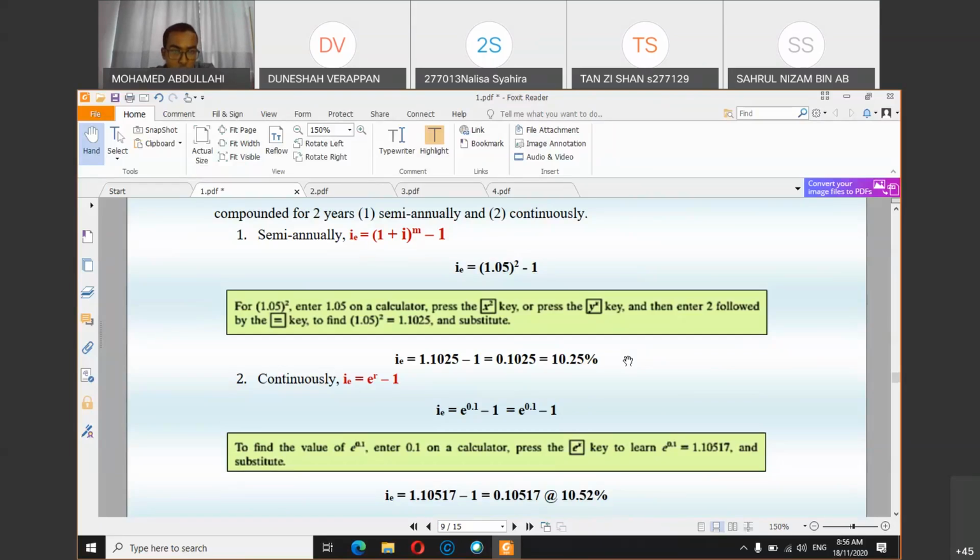Using a calculator, e to the x is equal to 1.10517. Finally, IE is that minus 1, which is 0.1052, and we change it into percentage by times 100. It's going to be 10.52%.